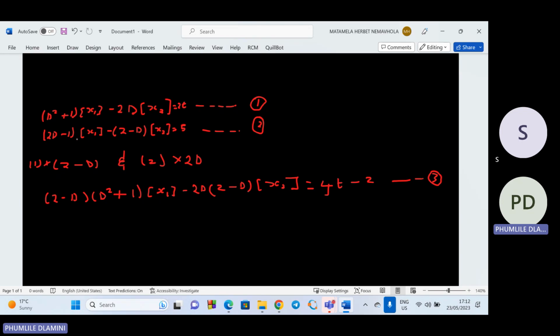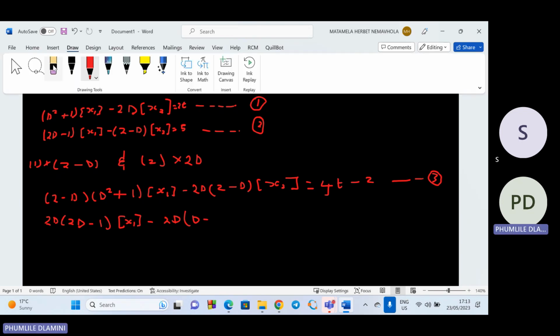Then equation 2, we multiply with 2d. We will have 2d minus 1. This is the side of x1, minus 2d again, d, not d, it is 2 minus d.